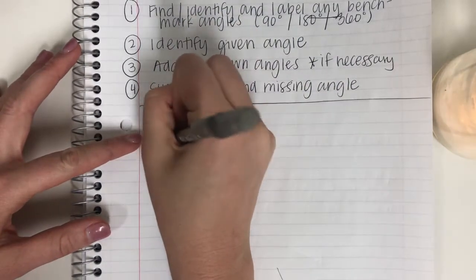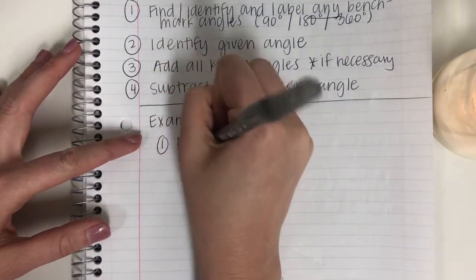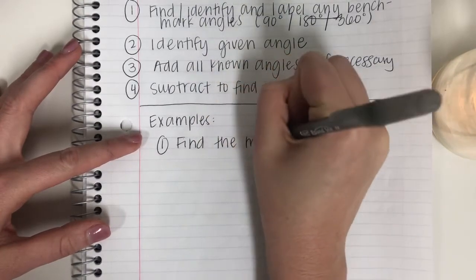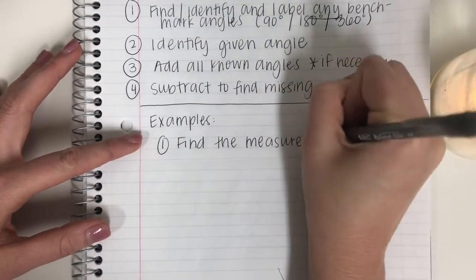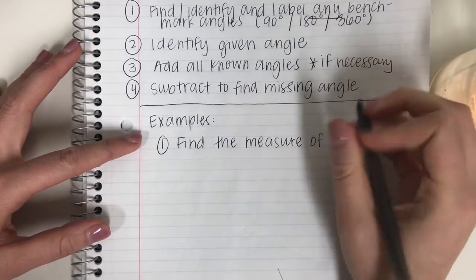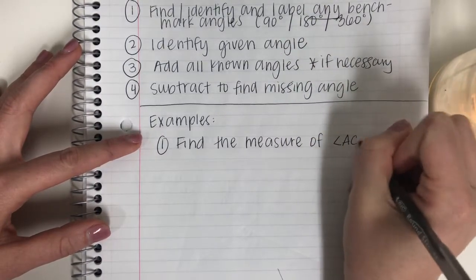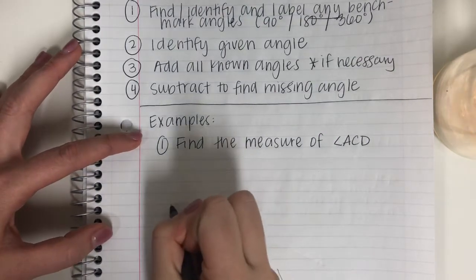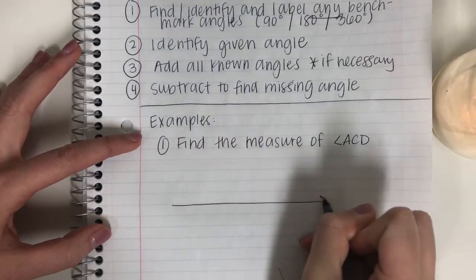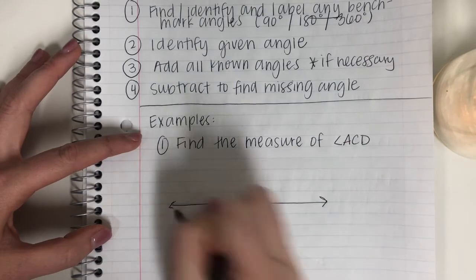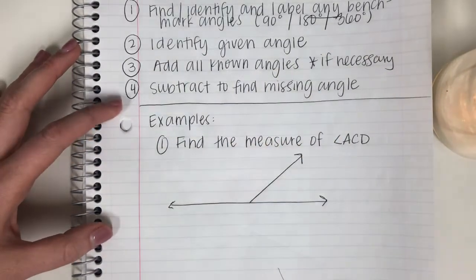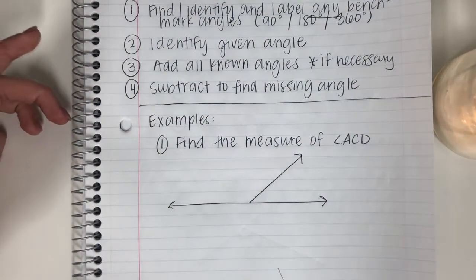So let's do find the measure of angle ACD. Okay, so let's say they give us an angle, and we don't need a protractor for this. We're really just going to use our benchmark angles.